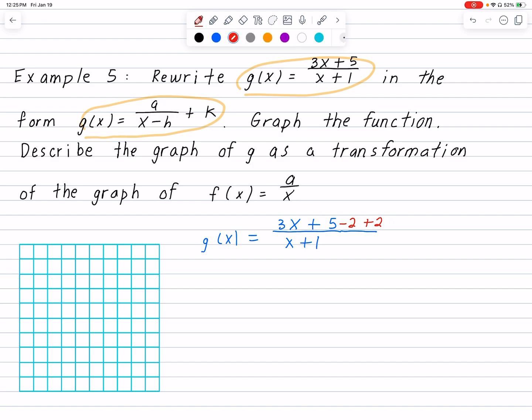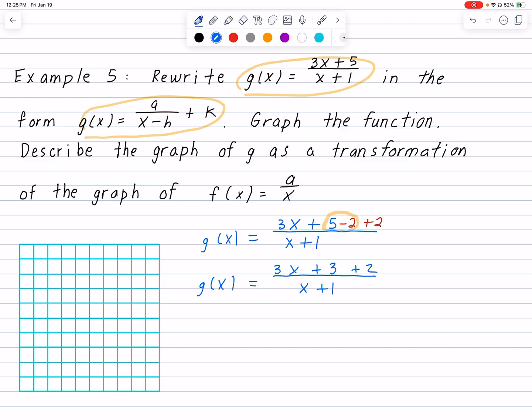And the advantage to this, as hopefully you can see right off the bat, is that I can rewrite this as 3x plus 3 plus 2. Note all I did here was combine these two to get 3.